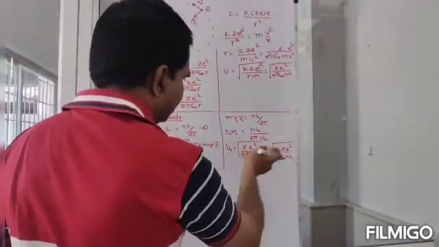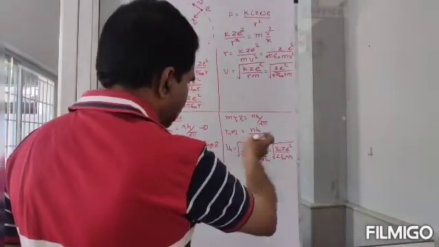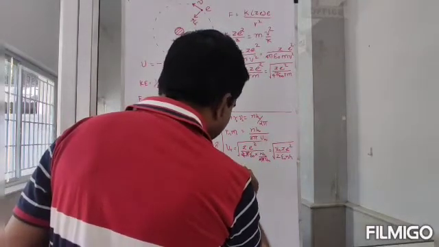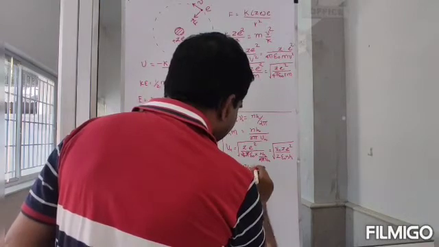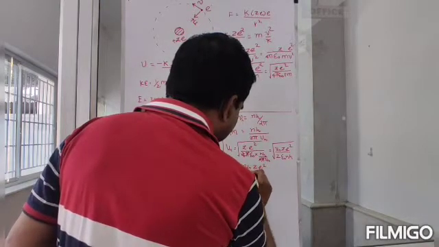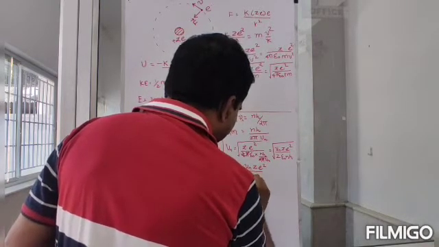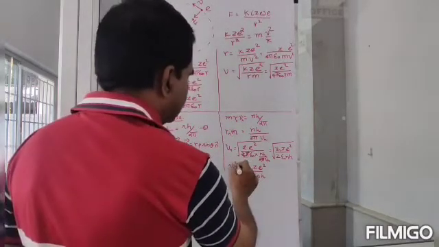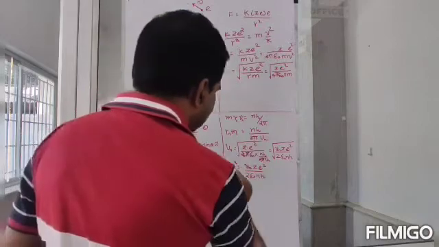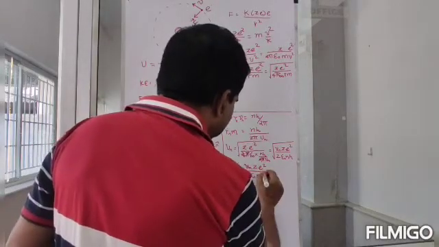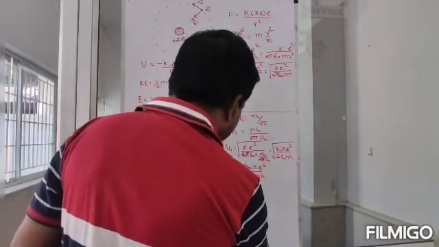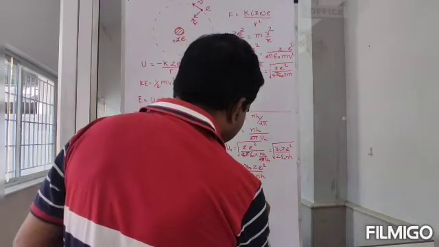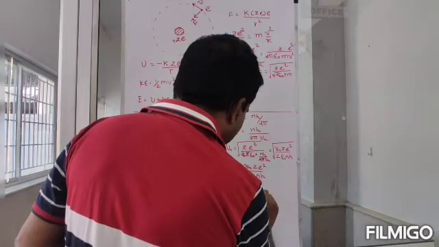If I square both sides, I'll get Vn squared equals Vn Z e squared by 2 epsilon naught n h. Then this and this can cancel, so simply Vn is equal to Z e squared by 2 epsilon naught n h.